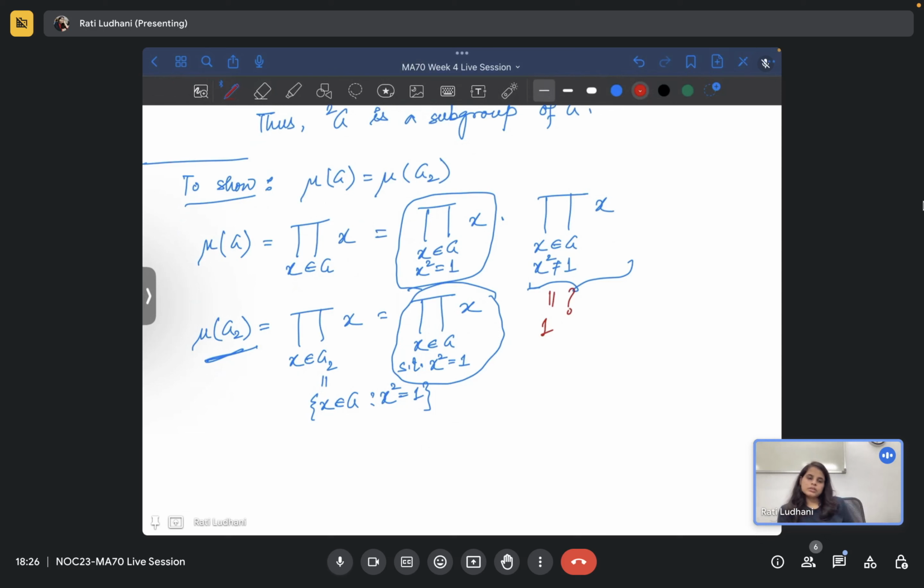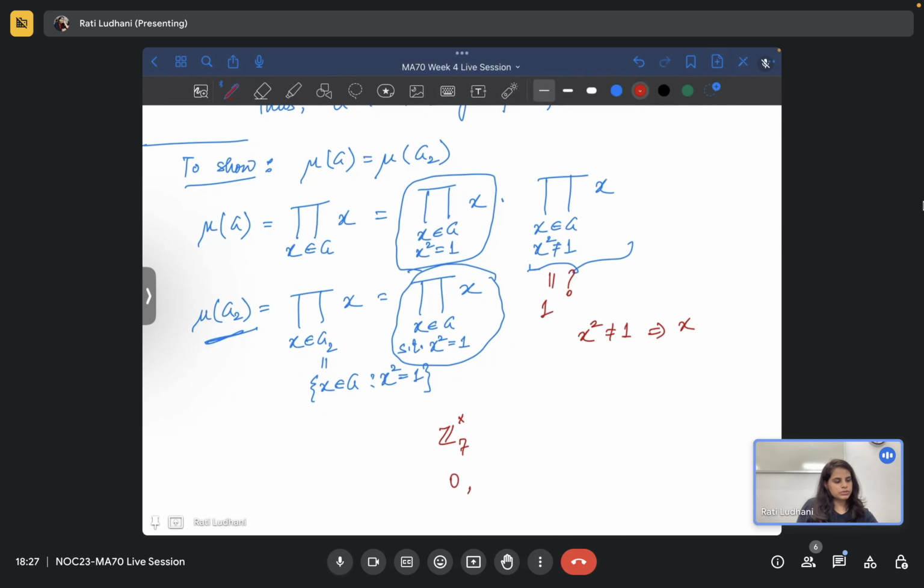Can you suggest something? What can we do here? Anyone? Yeah. x square is not equal to 1 and G is a multiplicative group. So x square not equal to 1 implies that x must be identity... No. This is a multiplicative group, so for example, you take Z_P cross, and let's say P to be 7.